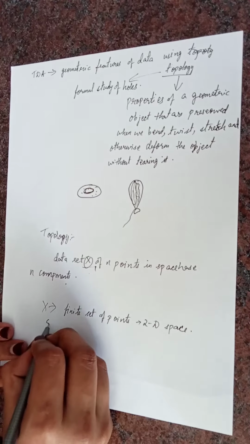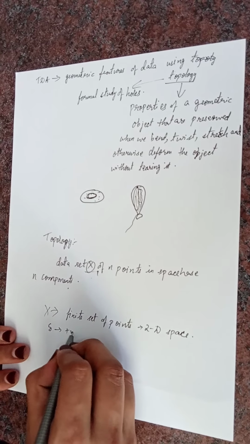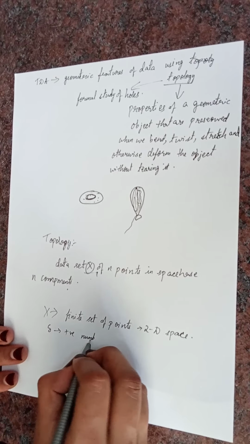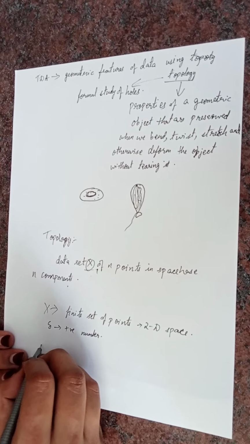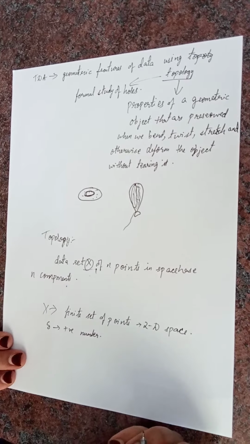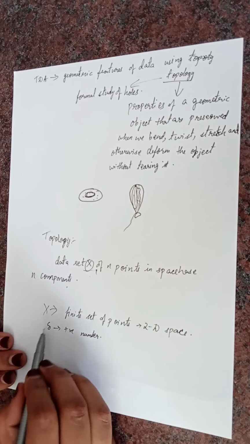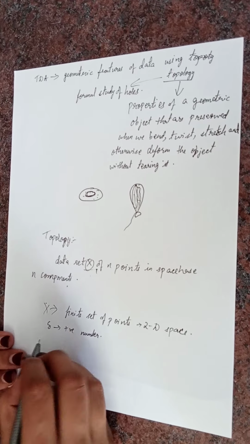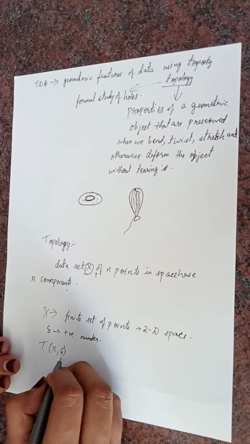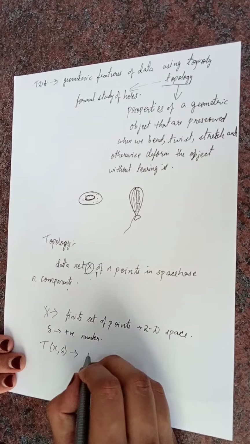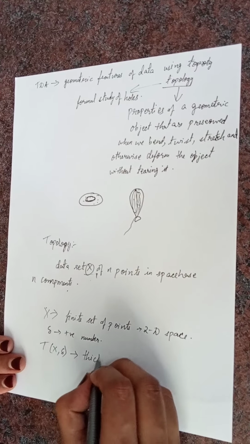I'll consider delta a positive number. Now I'll consider the set of all points in the plane within distance delta from a point in X, denoted T(X, delta), and this is the thickening of the data set X.